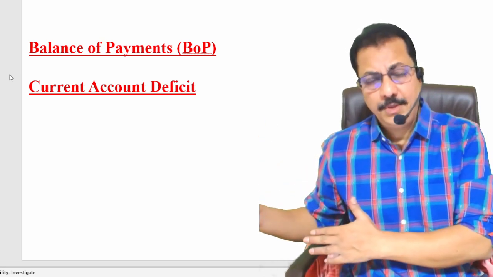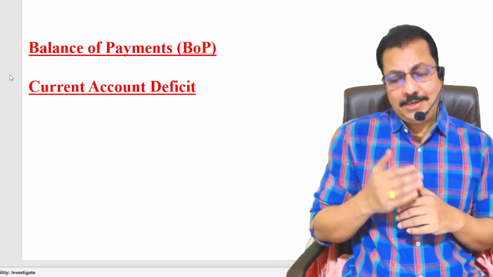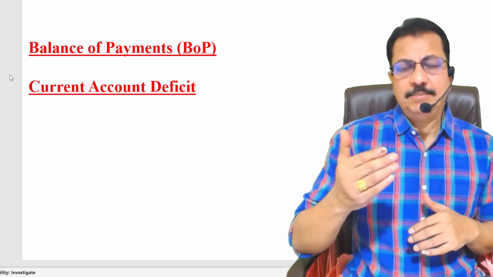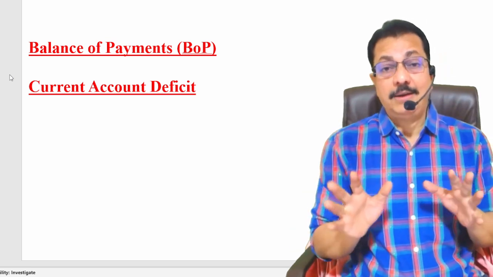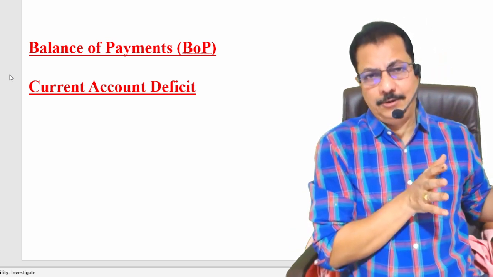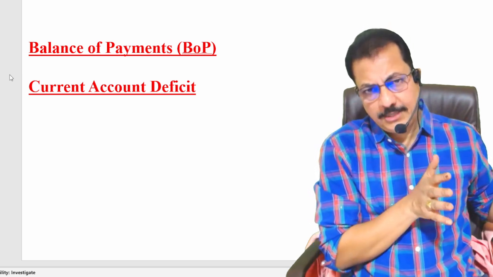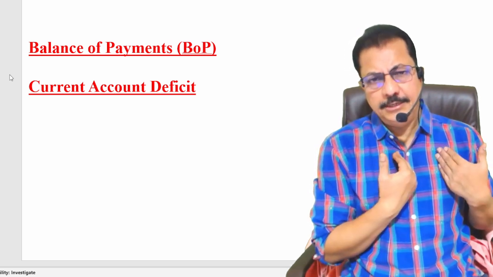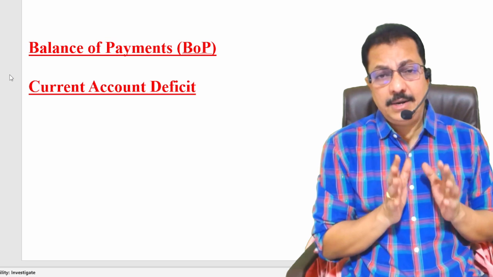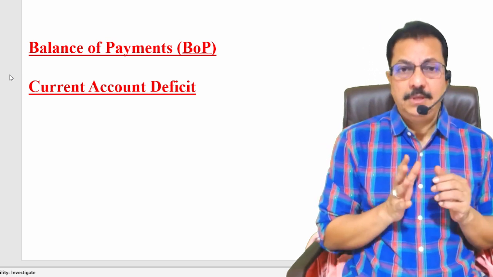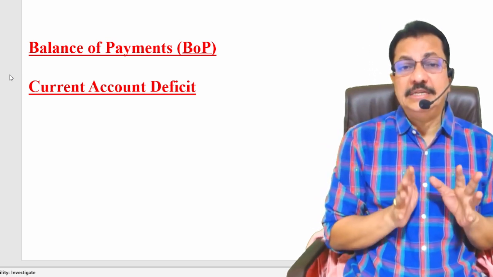The transactions between India and some other country are reflected very clearly in the current account. So by looking at the current account, we can say very clearly whether our current account is in surplus or in deficit.